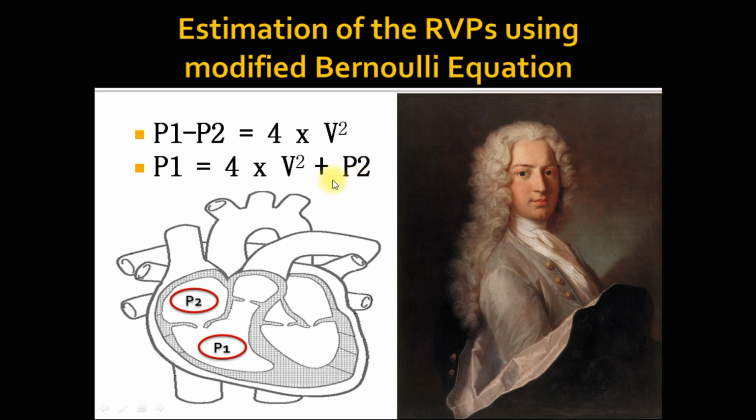When we find a way to know the right atrial pressure, and when we know the maximal velocity of the tricuspid regurgitation jet, then we can estimate the right ventricular systolic pressure, which equals the pulmonary artery systolic pressure.